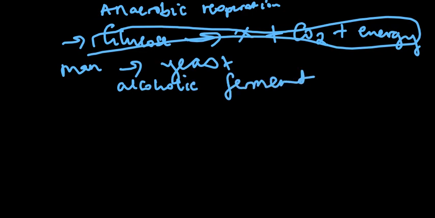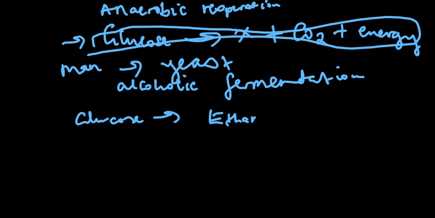Okay, so it's like when you have bread and it's molding, there is yeast involved. So you have this glucose, and there'll be ethanol, which is an alcohol. You're going to have your carbon dioxide, and you also have your energy being produced.